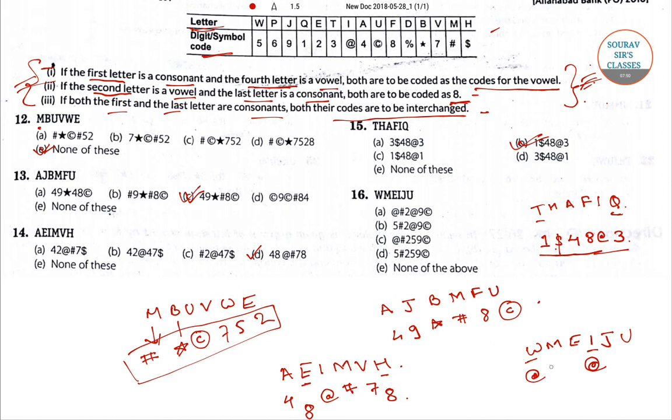So M is coded as hash, E is coded as 2, J is coded as 9, and U is coded as C. So the correct option is @#2@9C, which is our option number A.